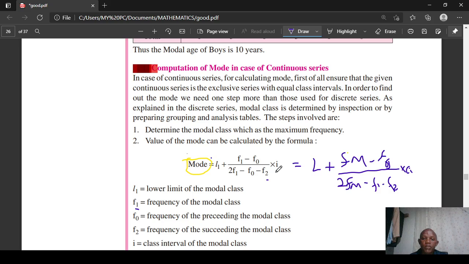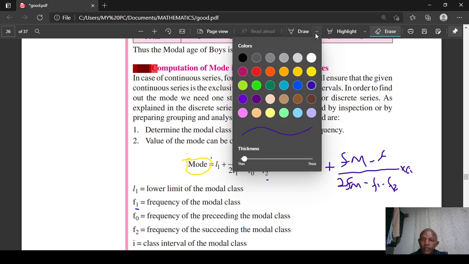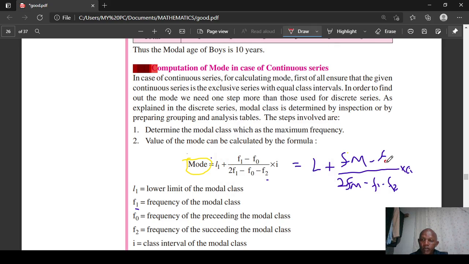So whether you're using this method or this method, we're just saying that this is F0. So you have Fm minus F0 over 2Fm minus F1 minus F2 times class interval. Basically these formulas are just the same.